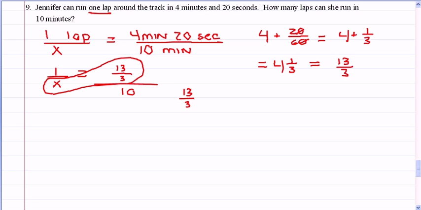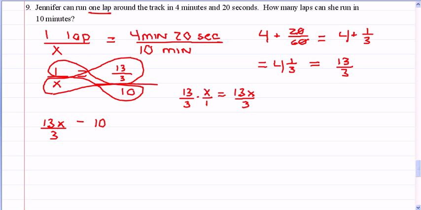So 13/3 times x is x over 1, gives me 13x over 3. And then 10 times 1 is just the number 10. I place my equal sign in between, and I have another fraction, so I put the 10 over 1, and I cross-multiply again.